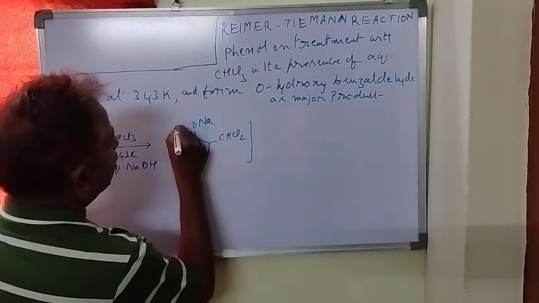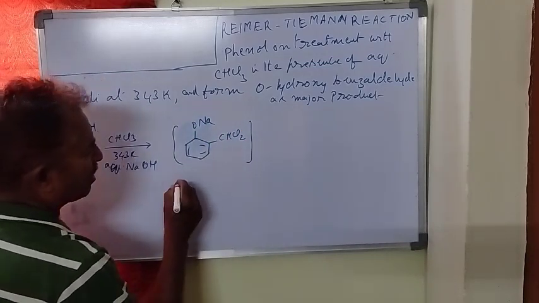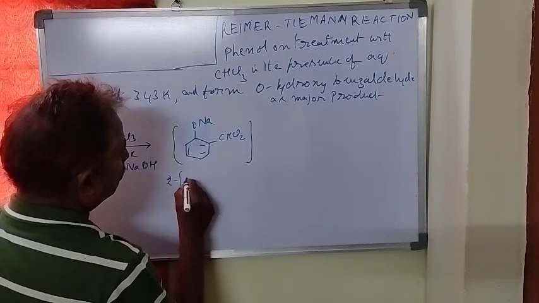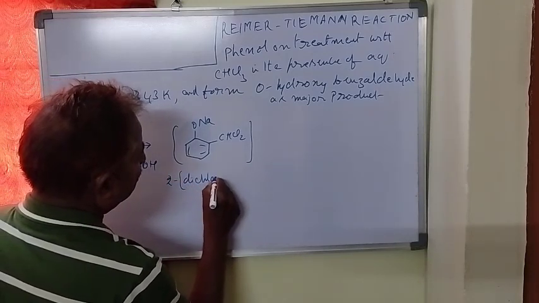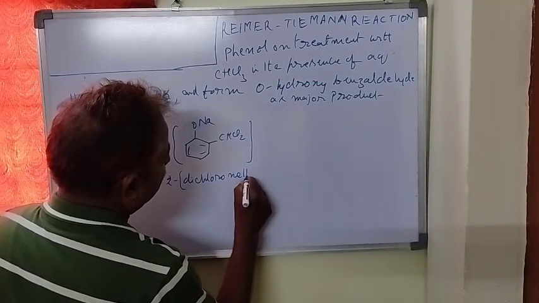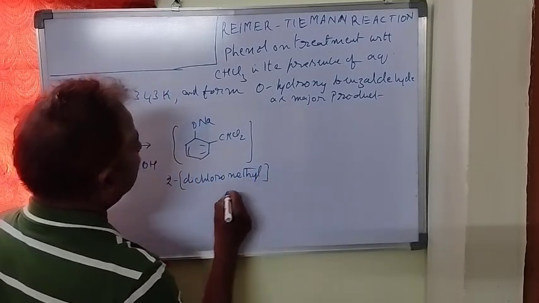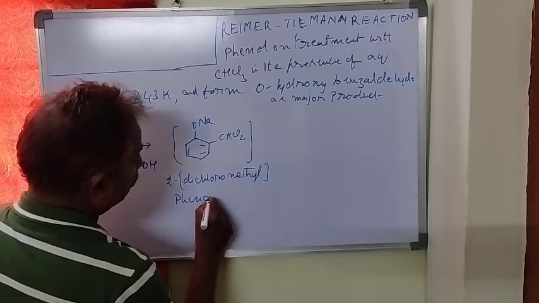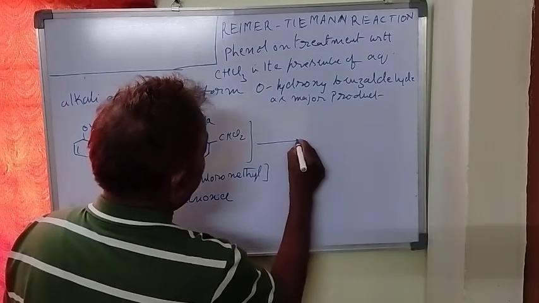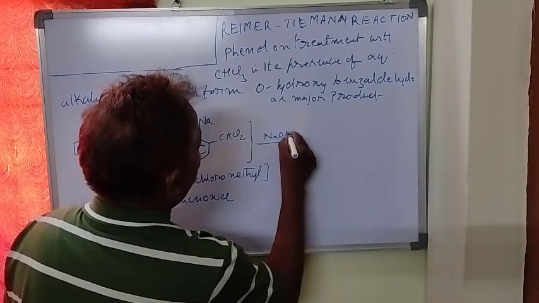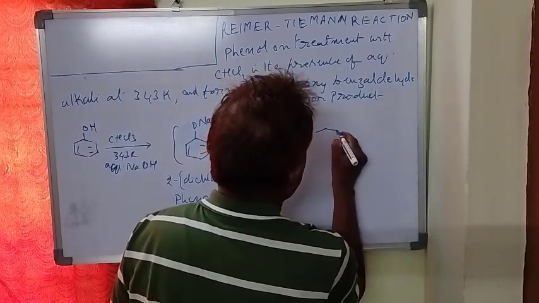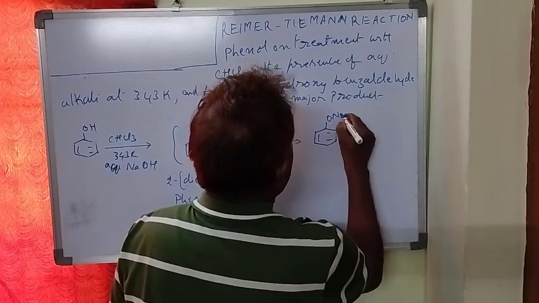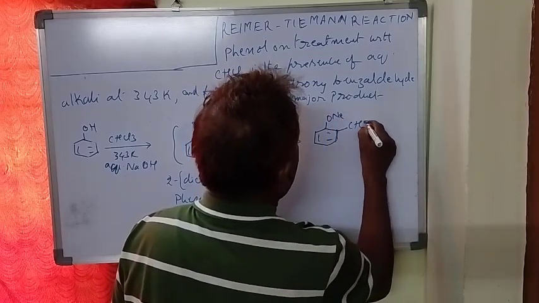We get CHCl2. This is an intermediate substance. The name of this substance is 2-dichloromethyl phenoxide. This on treatment with again sodium hydroxide gives ONa, CHO.